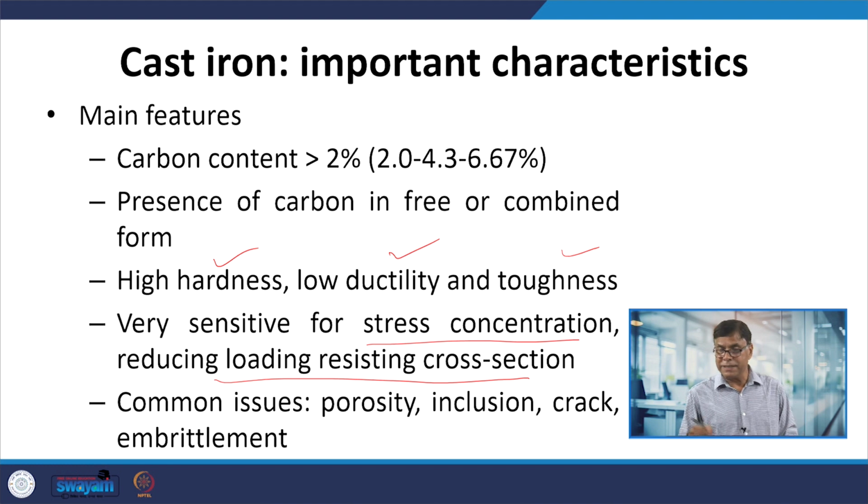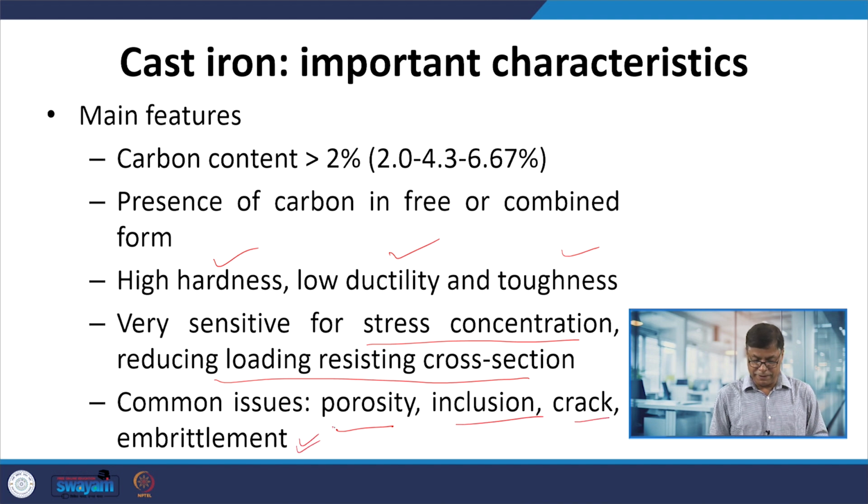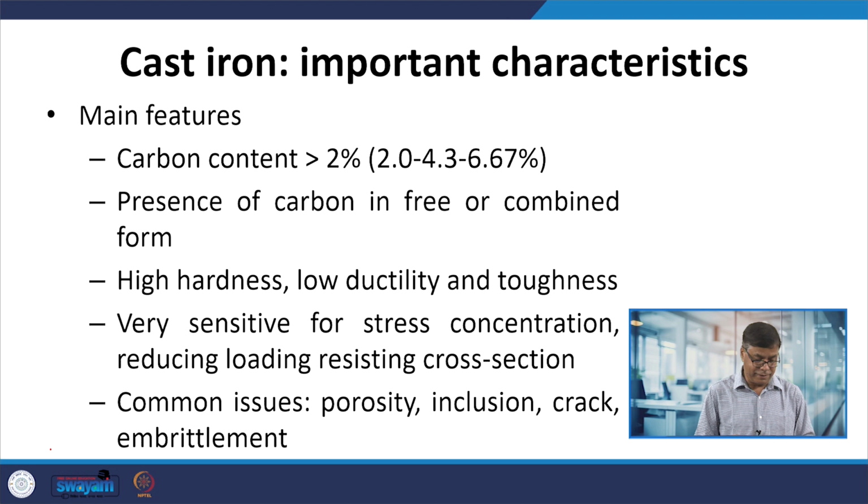So, the presence of defects makes them extremely sensitive to fracture. The common issues encountered in cast irons are porosity, inclusions, cracks and embrittlement, that is the low toughness and very low ductility coupled with high hardness.